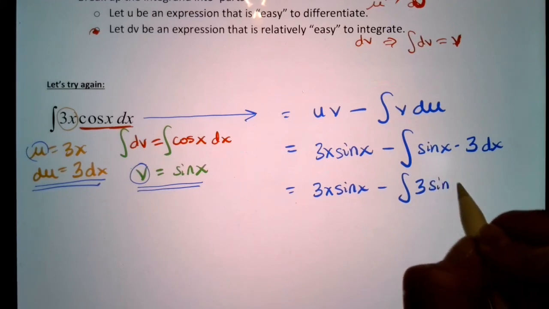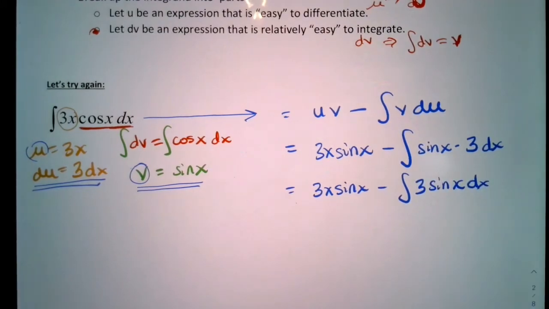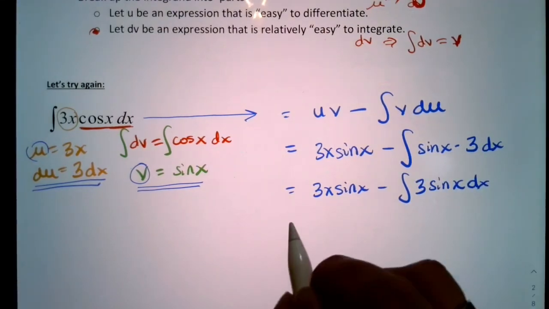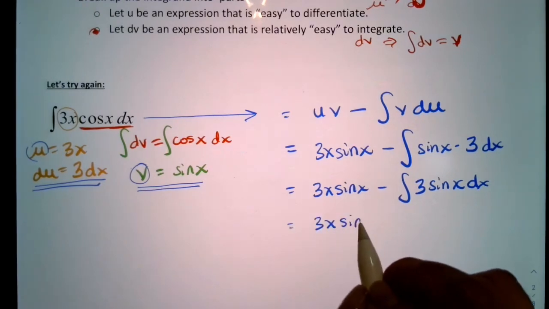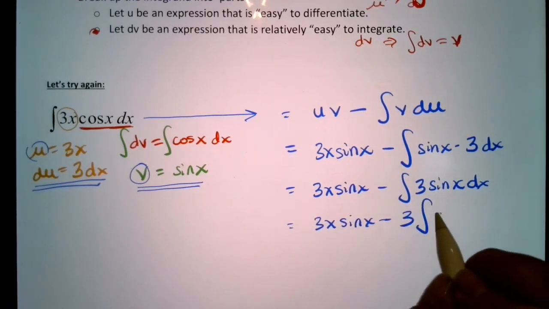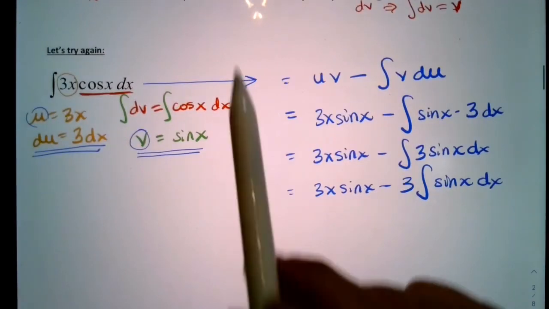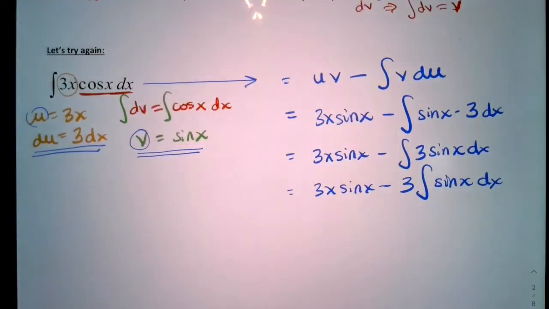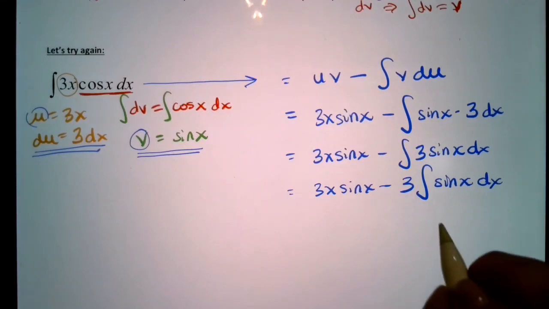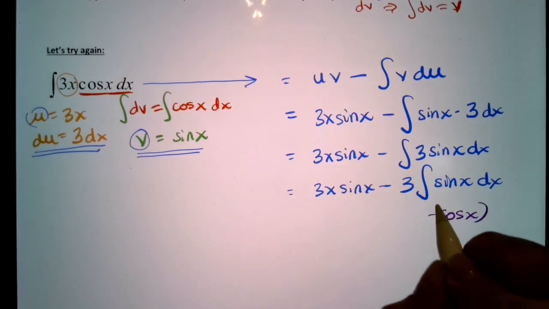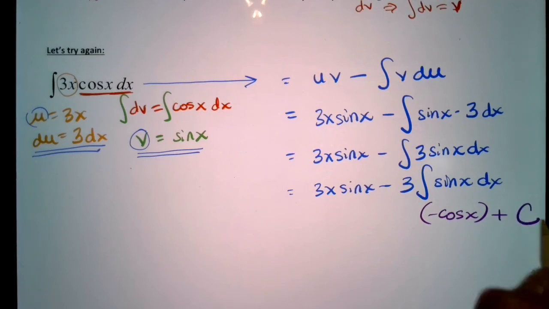This is a very manageable integral to work on. Let's actually take that 3 out, right? That's legal. It's just a coefficient. There's no x in there. And then I'm going to work on that antiderivative. The antiderivative of sine is negative cosine. That's not horrible. I'm going to slap a plus c on it now because I worked on that.